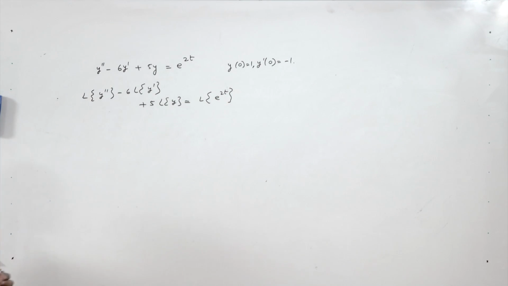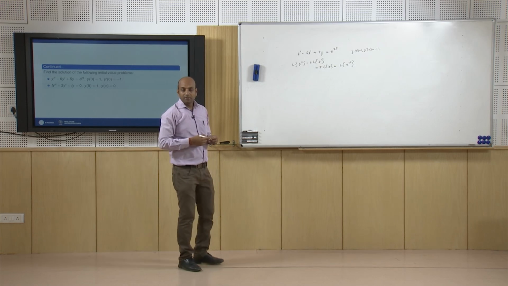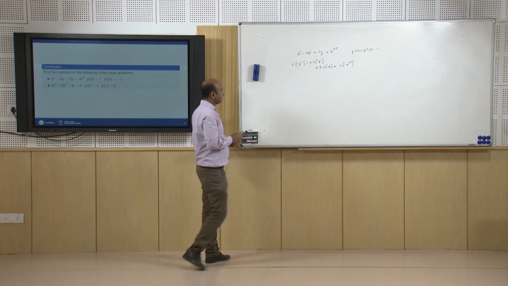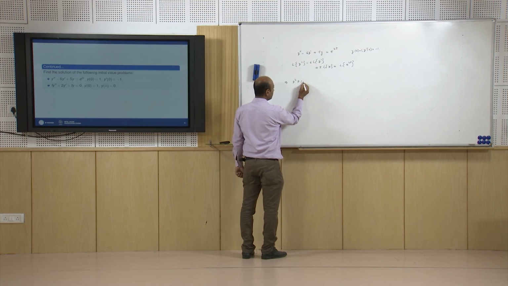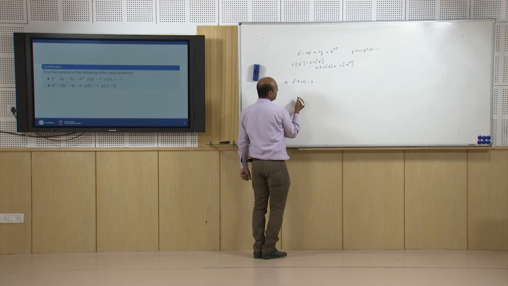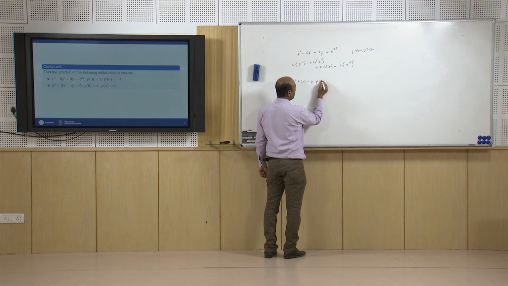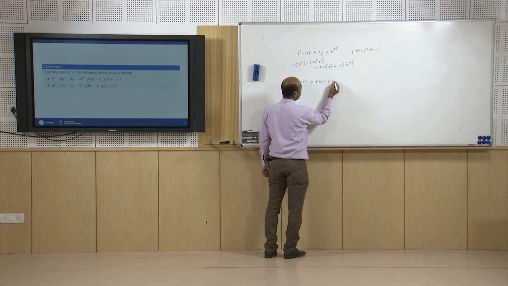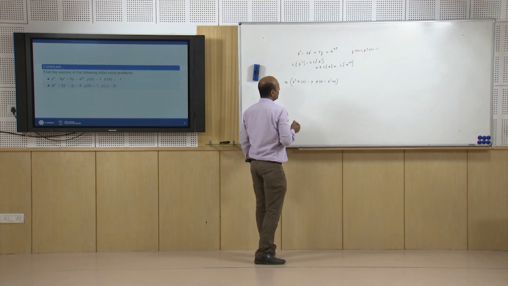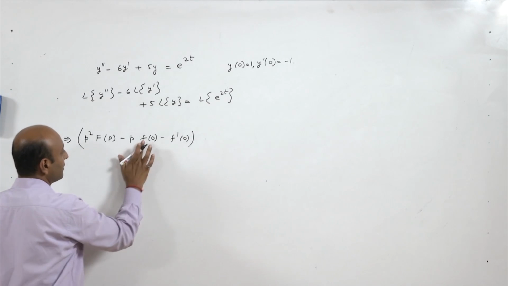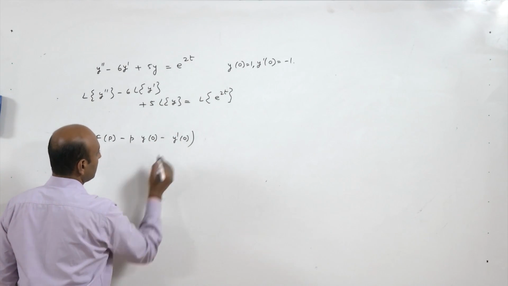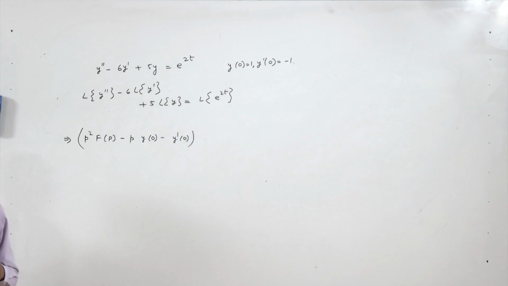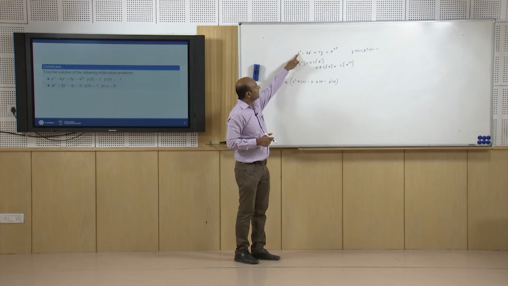Now, from the Laplace transform of derivatives we know that the Laplace transform of y double dash is nothing but p square f p minus p f 0 minus f dash 0. You can call it f 0 or you can call it y 0, there is no problem, because here instead of f we are having y.